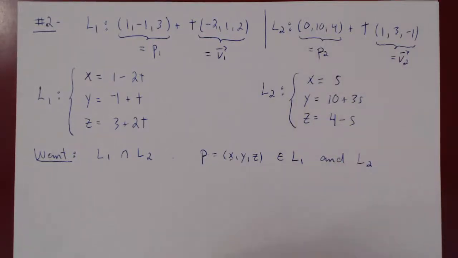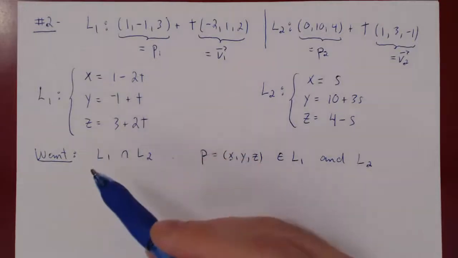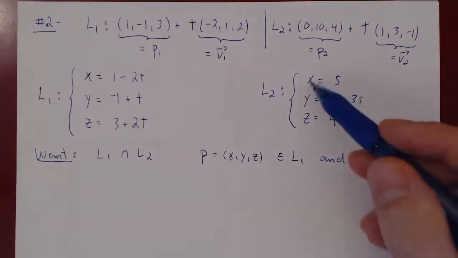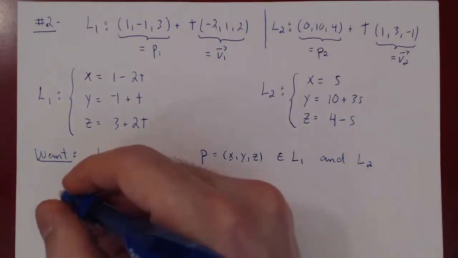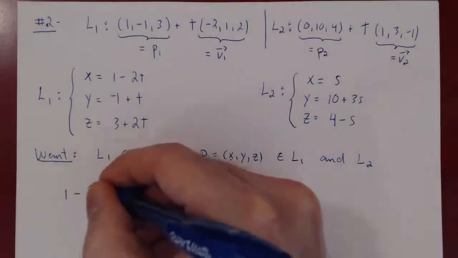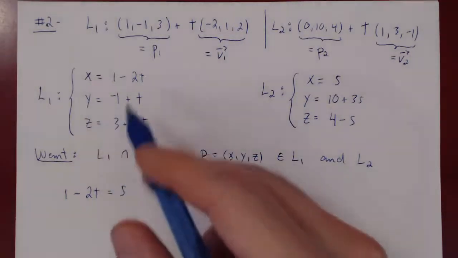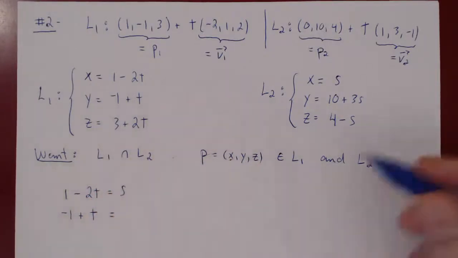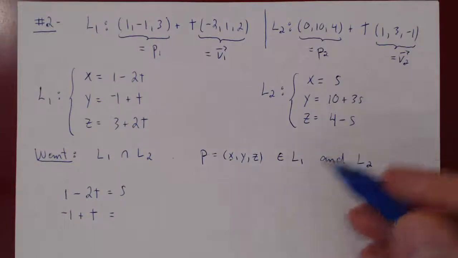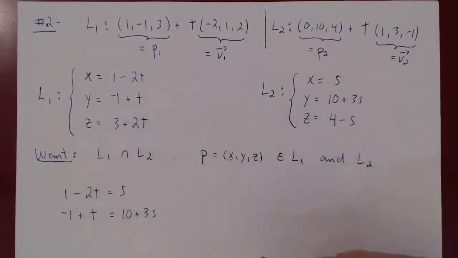Well, we can equate them. x must be equal to 1 minus 2t for some choice of t, and x must be equal to s for some choice of s. So 1 minus 2t must be equal to s. Similarly, y must be equal to negative 1 plus t for some choice of t, but y must also be equal to 10 plus 3s for some choice of s.